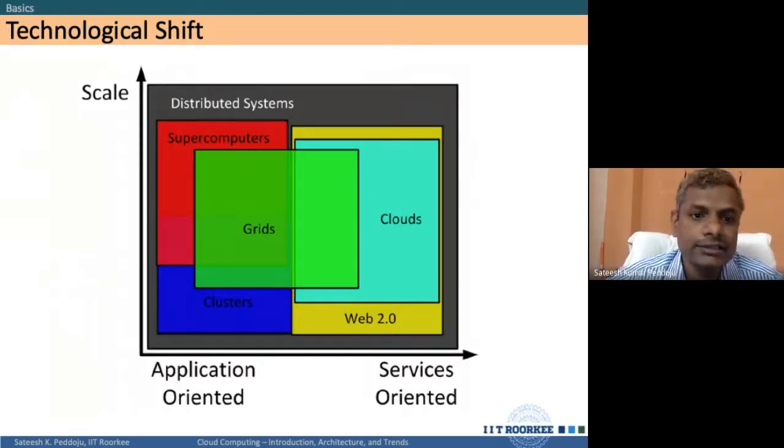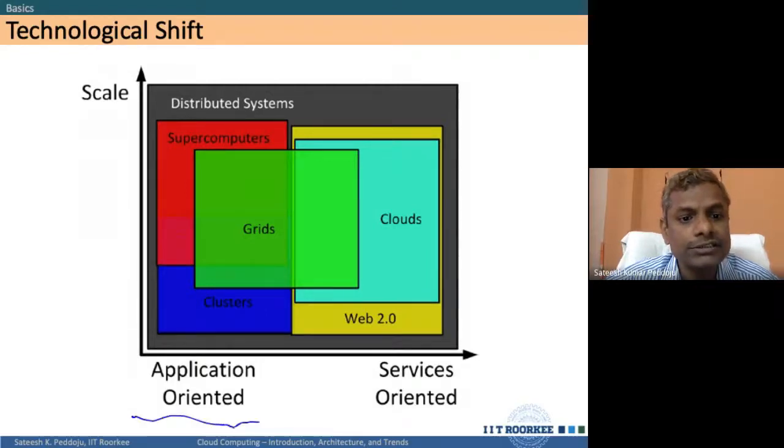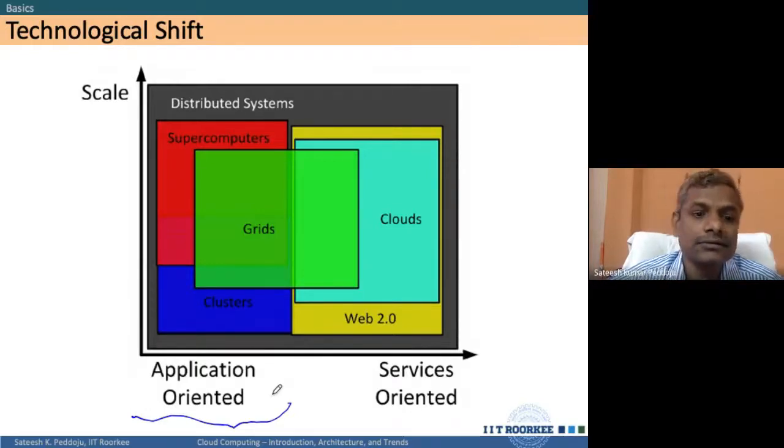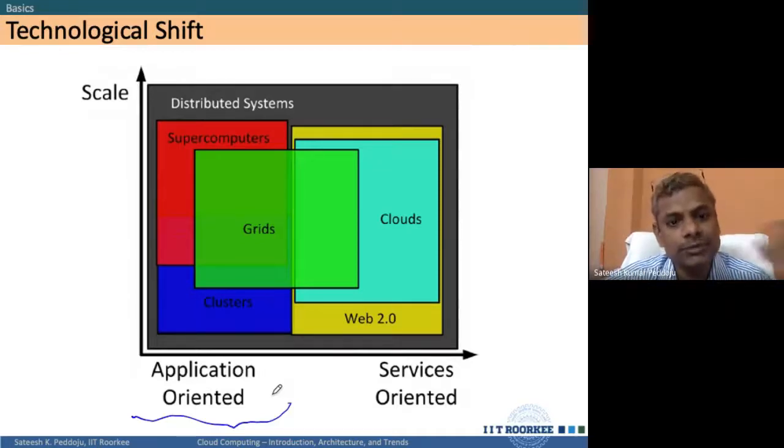You can see in this picture, there were days when we had an application-oriented paradigm. At that time we used clusters and supercomputers for executing complex, very computationally intensive applications.